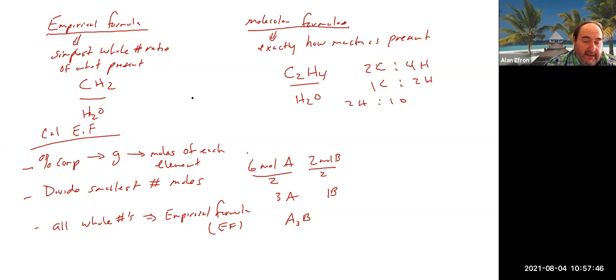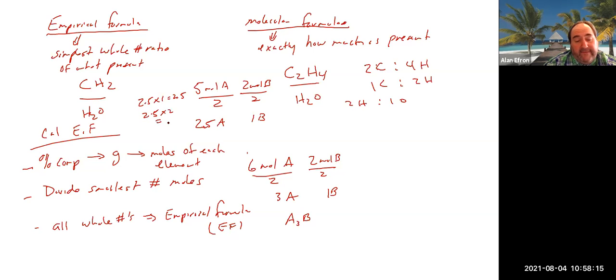If we had 5 moles of A and 2 moles of B, and we divided by 2, we would end up with 2.5 A and 1 B. That isn't too far to round, remember, so you need to multiply by a common number. 2.5 times 1 is 2.5, 2.5 times 2 is 5.